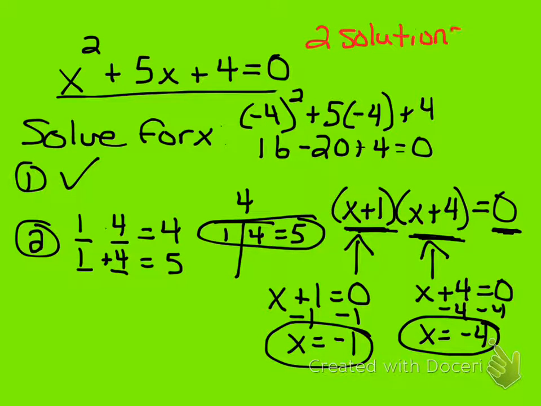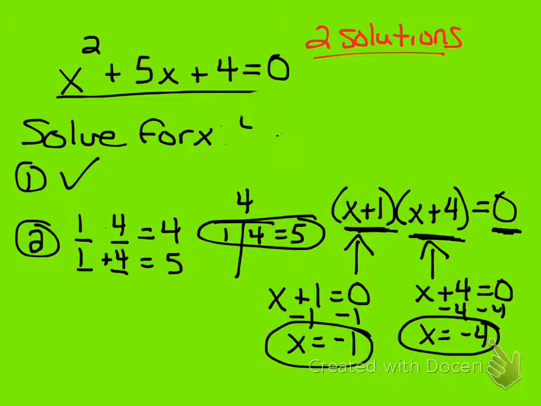Okay, now I'm going to come down here and I'm going to plug it into the factored form as well. I want you to see this, okay? So if I plug in negative 1, I'm going to have negative 1 plus 1, negative 1 plus 4 equals 0. So I'm going to have 0 times 3, which is, of course, going to equal 0.